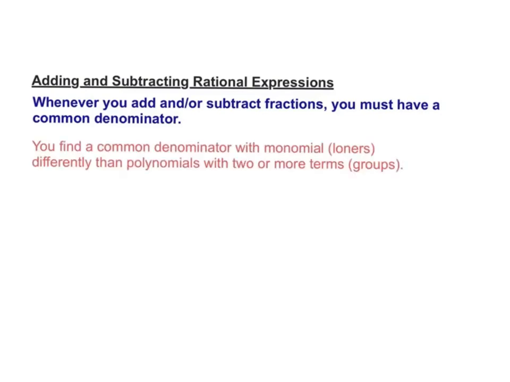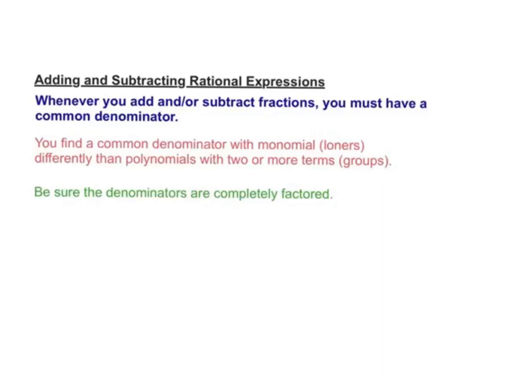And so you find a common denominator with monomials, loners, differently than polynomials with two or more terms, the groups. So we're going to do it one way for monomials. We're going to do it a different way for polynomials of two or more terms. And I'm going to separate how we go through these today into those two sections.